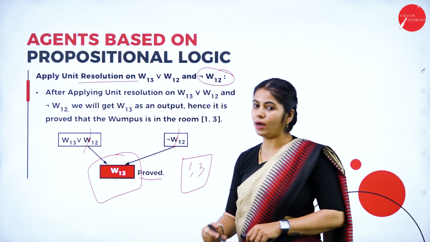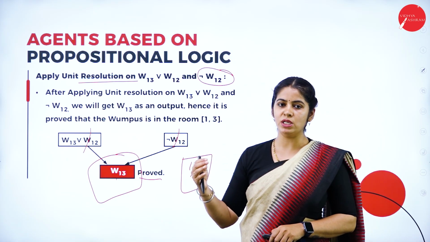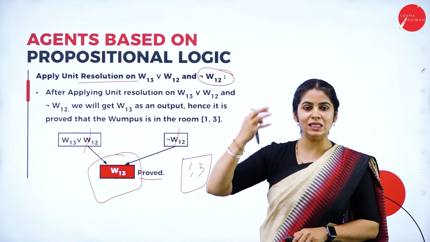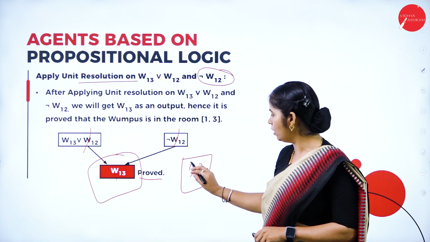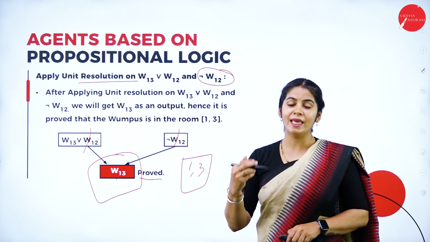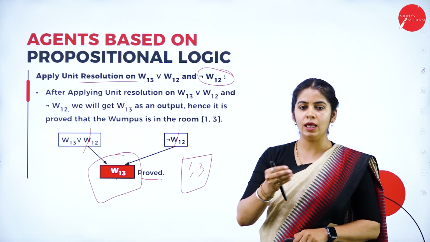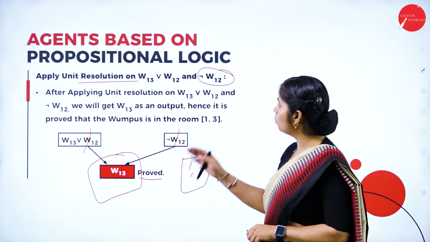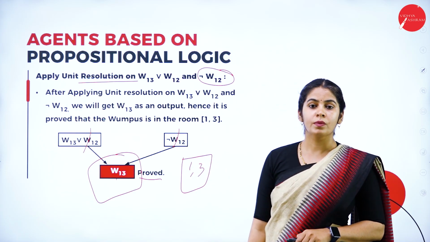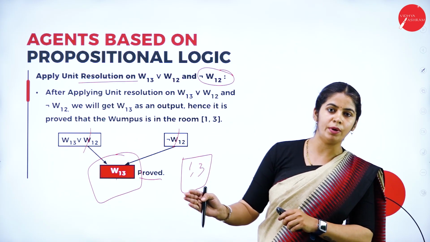So this is how we apply propositional logic to the Wumpus world problem. Once the agent got the knowledge that the Wumpus may be in room 1,3, he moved carefully. He leaves the adjacent rooms and moves to different rooms to get the gold. This is the Wumpus world problem and solution, and how to implement this solution using propositional logic.